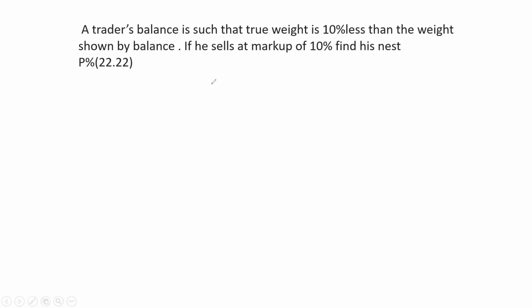So actually it is 90, shows us 100. Getting this? 10% less than the weight shown by the balance. So 10% shown by balance, say it is 100, so it is actually 10% less. So 100. Multiplying factor in this case 10 by 9, easy.